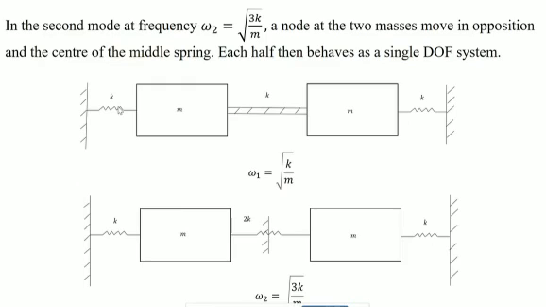On the other hand, if the two springs, say K1 and K2, are in series, then the displacement in one spring may be different.